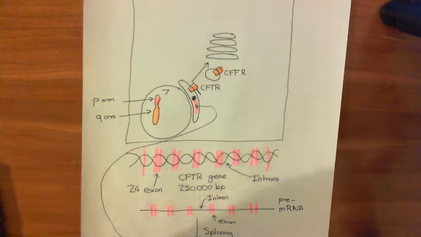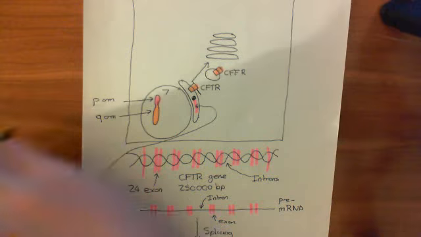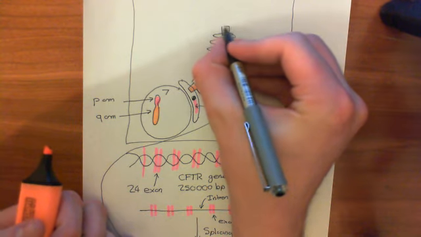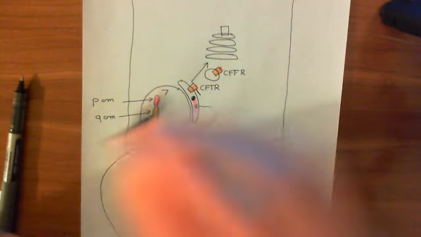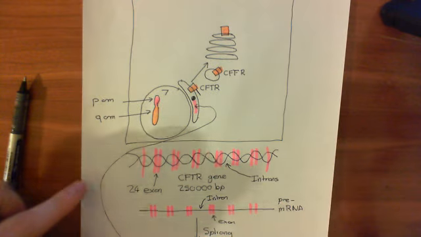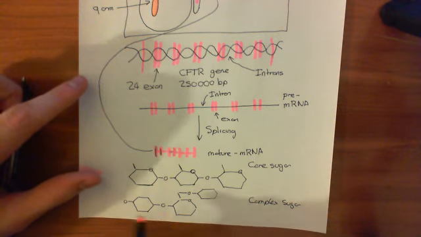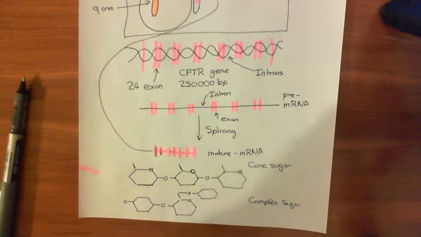Okay, so once it gets to the Golgi, let's draw CFTR over here. Once it gets into the Golgi, it undergoes further modification. So you start adding complex sugars to it. In the endoplasmic reticulum, you add core sugars, and in the Golgi, you add complex carbohydrates.